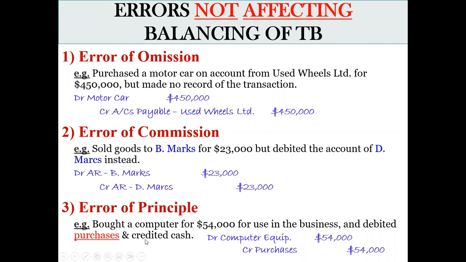Let's see if we can take one more before we go to the room. This one, error of original entry. Original entry relates to the source document, not true?